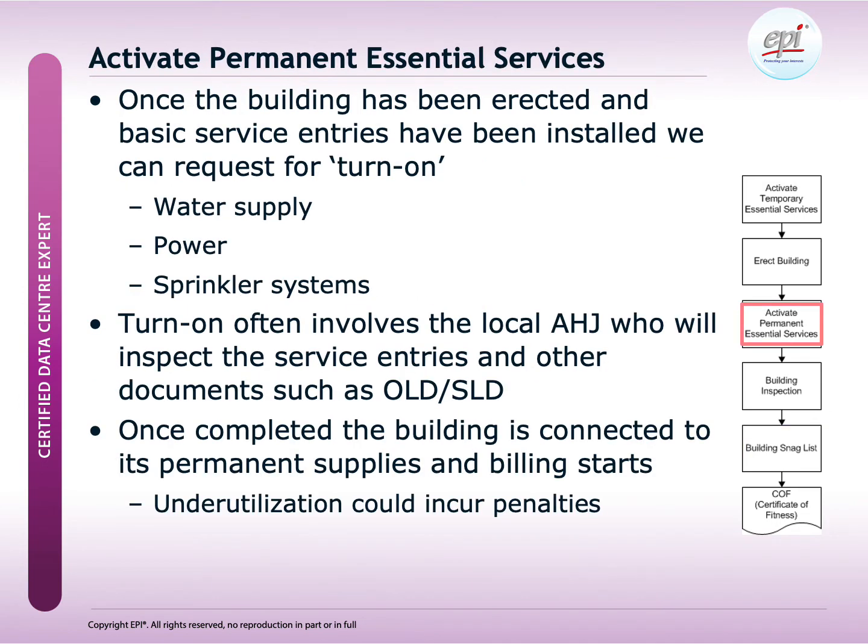Once the building has been erected and basic services have been installed, we request for turn on of the water supply, power supply, and in some cases also the sprinkler systems.